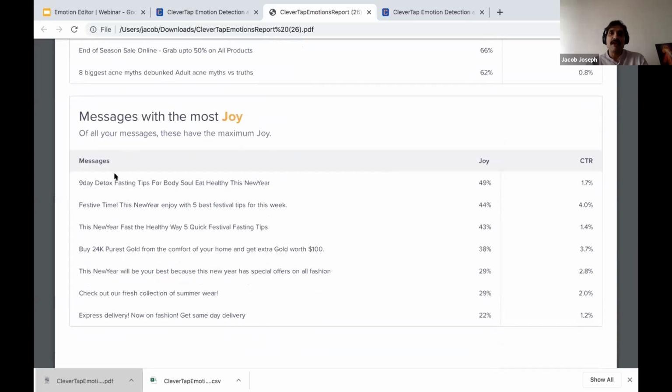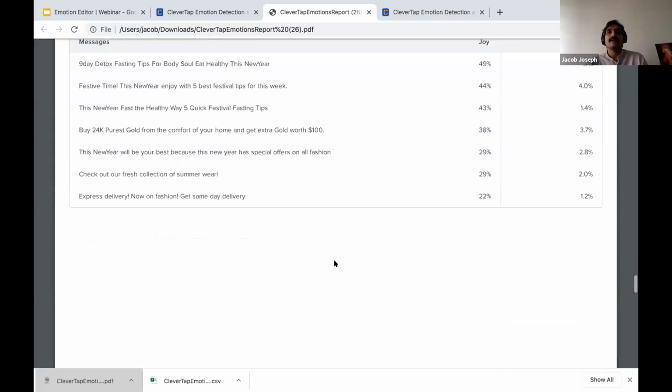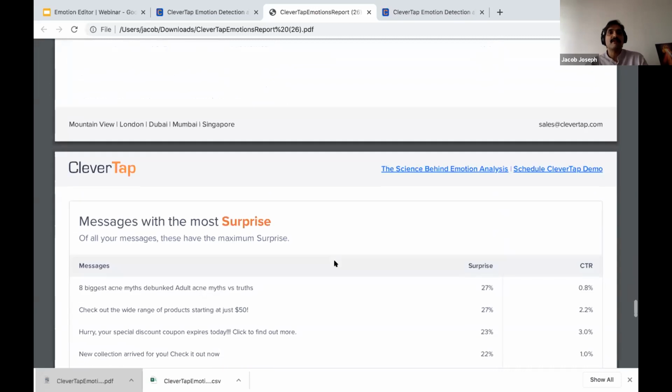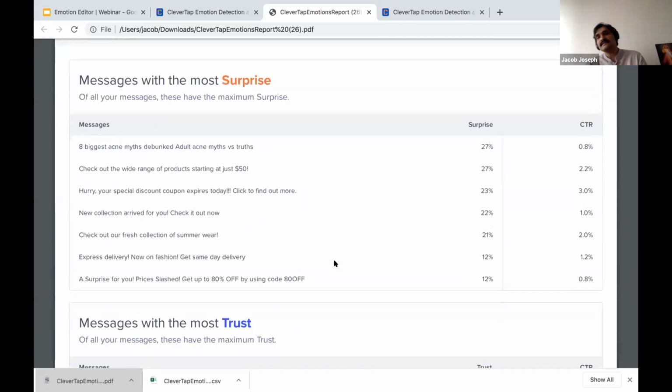So joy, again very high joy: 9-day detox fasting tips for your body, soul, eat healthy this new year, right? And so on for surprise. Since surprise was sparsely used in the messaging itself, these percentages are also less. But if you see, surprise was 10% average across the campaigns, and here there are some messages which are almost thrice compared to the average.